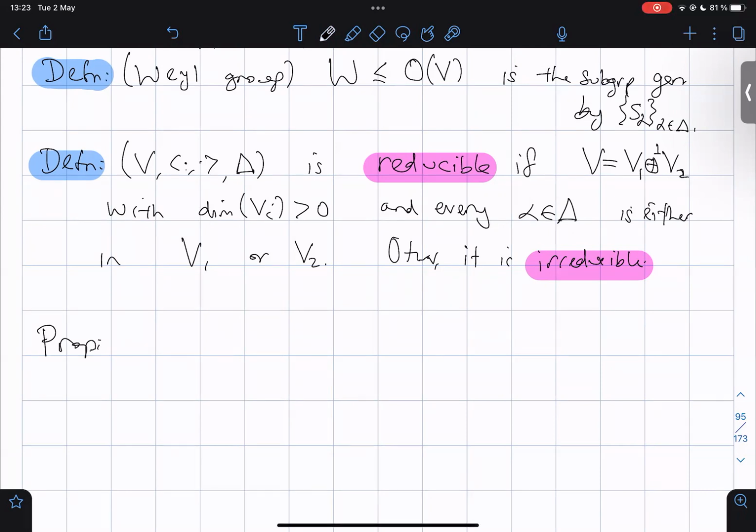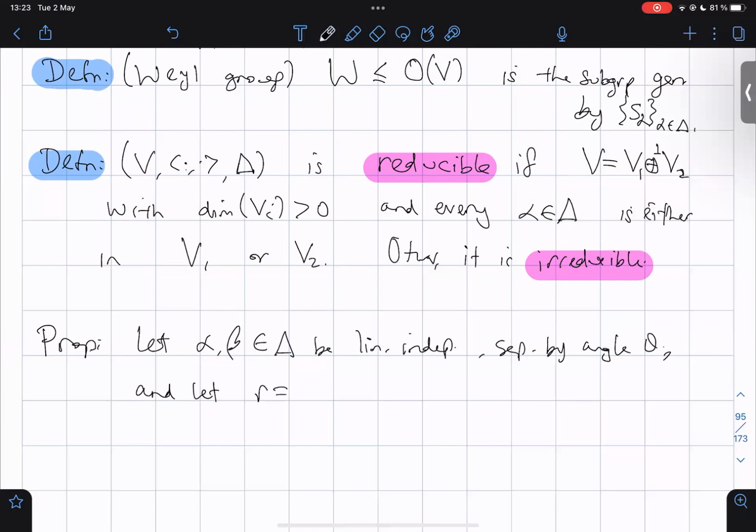So let me just put up one result about angles. Let alpha and beta be linearly independent and separated by an angle theta.